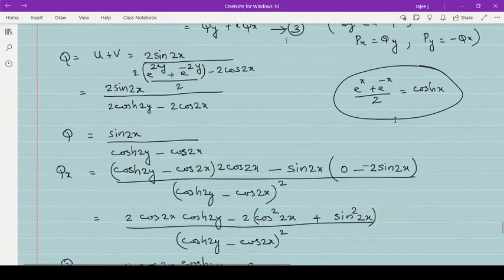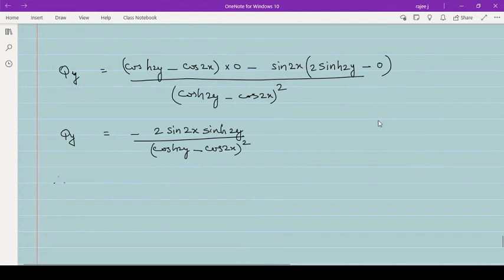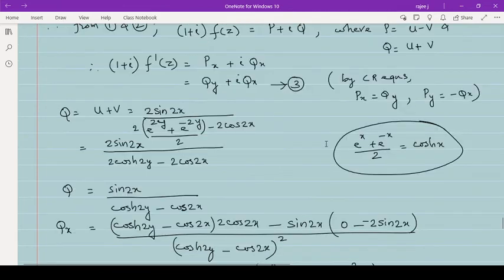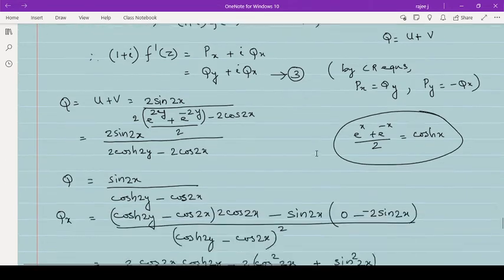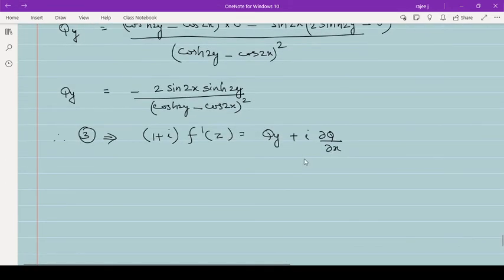So from equation number 3 we have 1 plus i into f'(z) is equal to q_y plus i into ∂q/∂x, that is q_y plus i q_x. Okay, so this is our third equation.